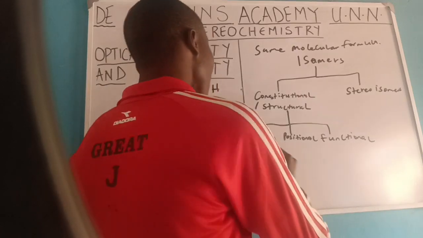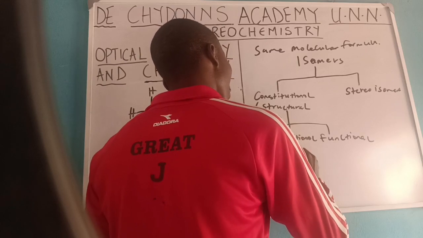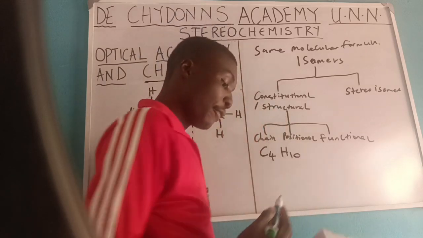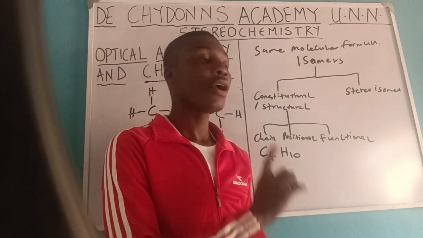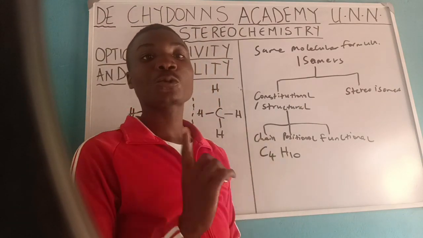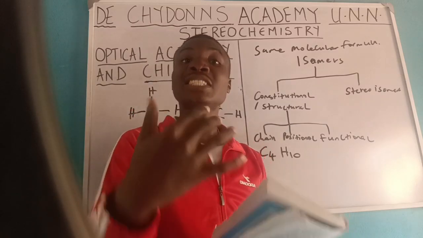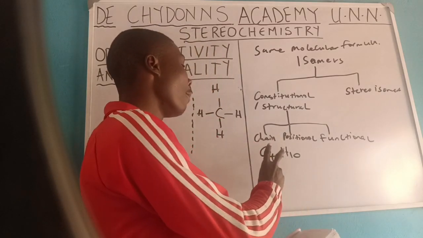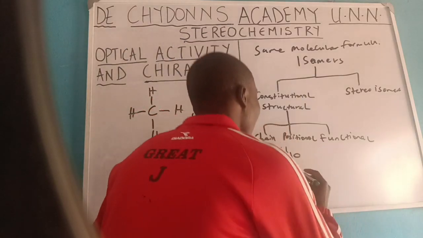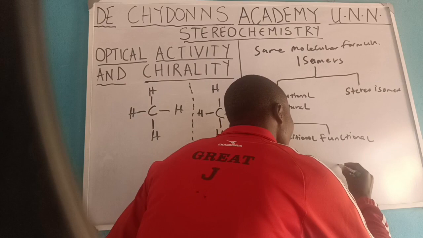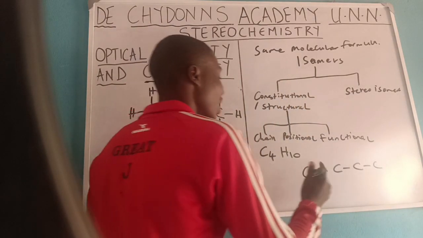For example, a compound that has the molecular formula C4H10. We are going to draw out two compounds that have this same molecular formula, and then you will see what I meant by chain isomerism being a function of the difference in the structure of the carbon chain. When we have carbon linked to carbon, linked to carbon, linked to carbon, we have 4 carbons there, which corresponds to this.